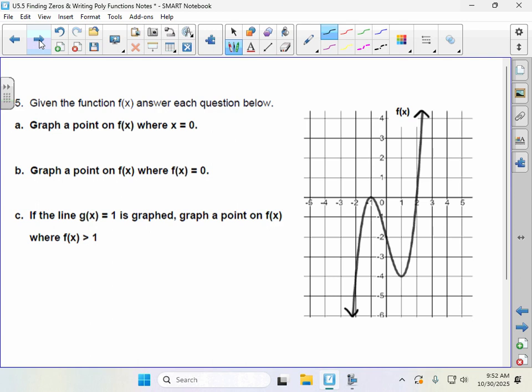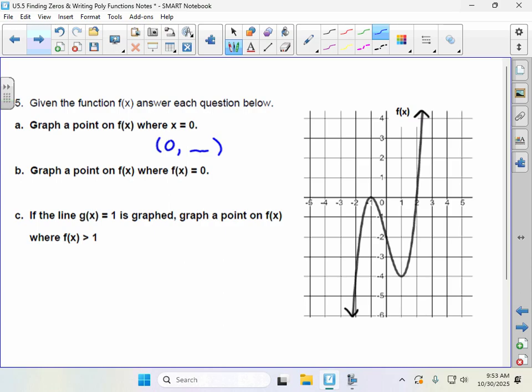All right, so you got to understand the terminology for these questions. So given this graph, when is x equals 0? All right, so you're going to go to 0 on the x-axis, and if you draw a vertical line, you want to find the intersection point, okay? Because what we're trying to do is find a point on this graph when it's 0 comma something, okay? 0 comma something.